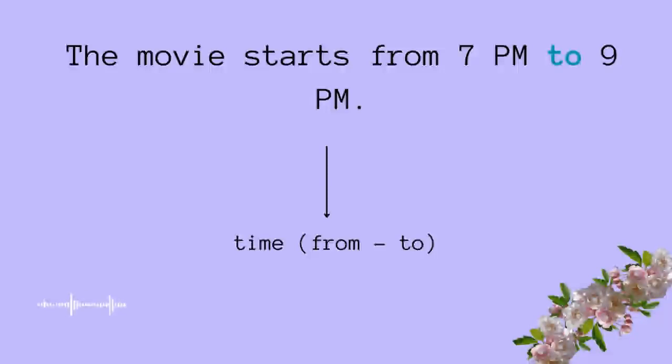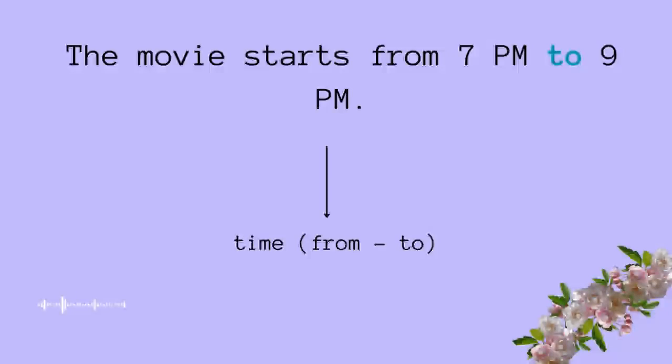So if you have from, then you need to use to, like from 7 p.m. to 9 p.m. or maybe from 10 to 11 a.m., something like that. So when it comes to time frame, you need to use to, like if you have from and to.